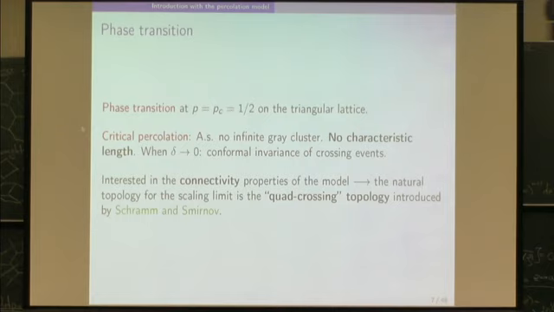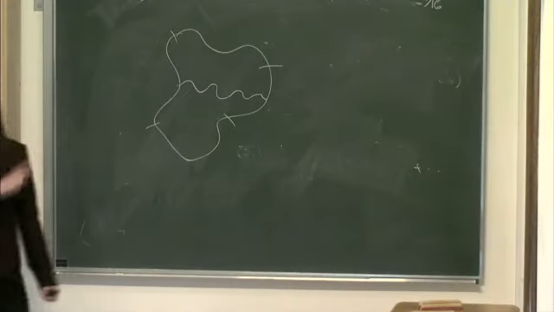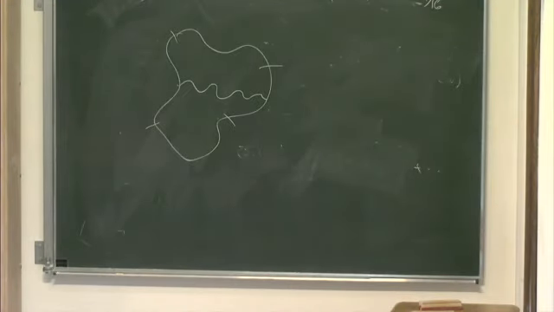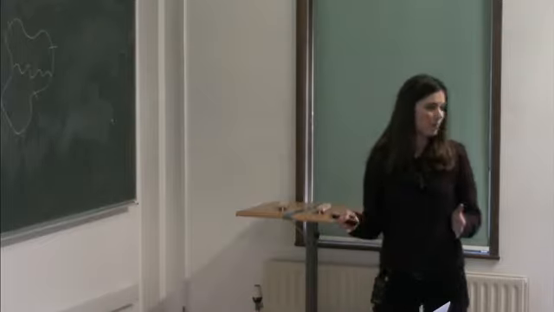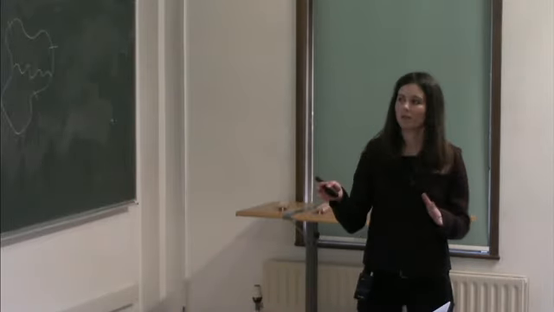The quads are some deformations of rectangles, and you wonder if there is an open path going from the left to the right. And you do that for all the quads that you can draw in your plane. If you keep the information about all those quads, then it's called the quad crossing topology. So it's not exactly that, in fact, but it's the idea behind it.